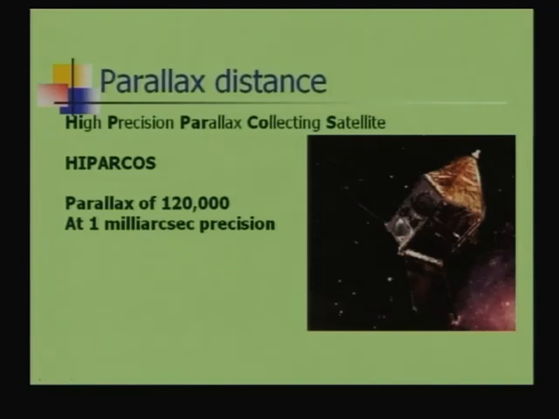So let us see, 1 arc second corresponds to a distance of how much? 1 arc second is a distance of 1 parsec. So if I can measure to 1 milli arc second, I can go up to a distance of 1 kiloparsec, 1000 parsecs. So we can determine these parallax distances to at most a distance of 1 kiloparsec, not beyond that.